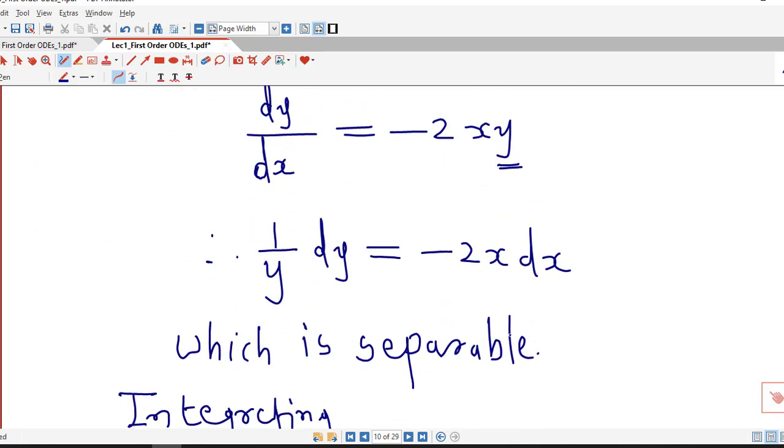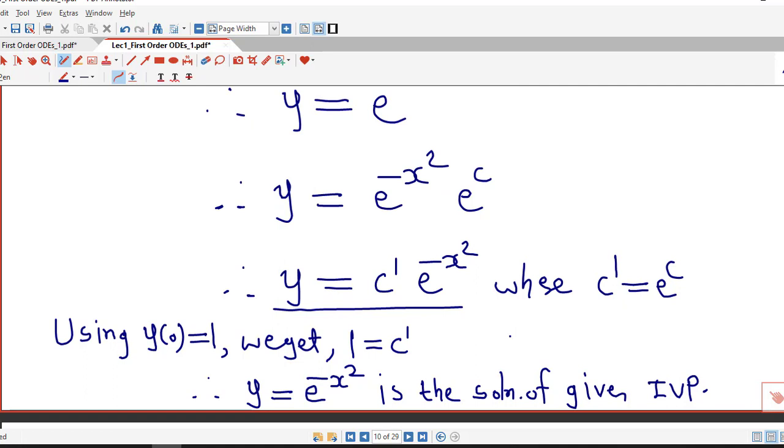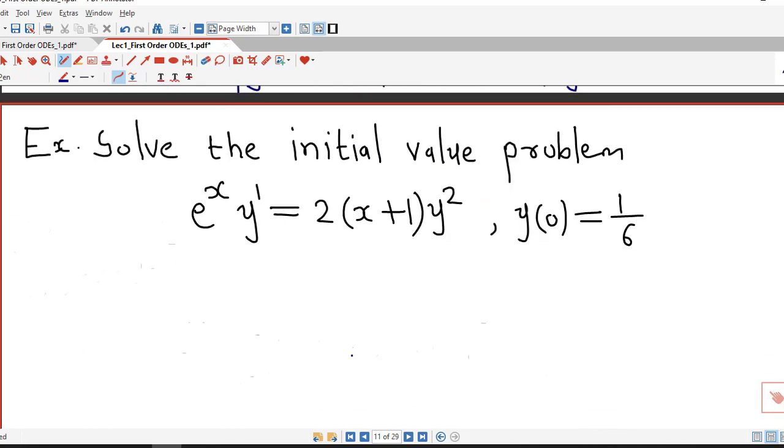Here we have first obtained the general solution, and we have used this initial condition in this general solution, and we obtain this particular solution of given initial value problem. This is the last example of this lecture.